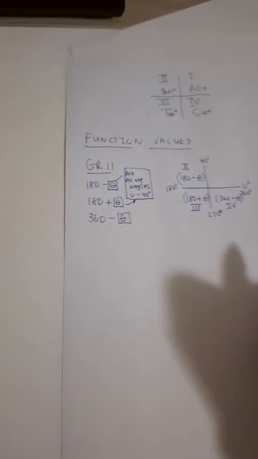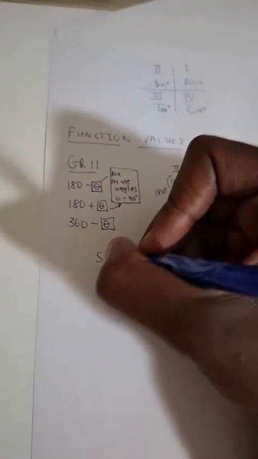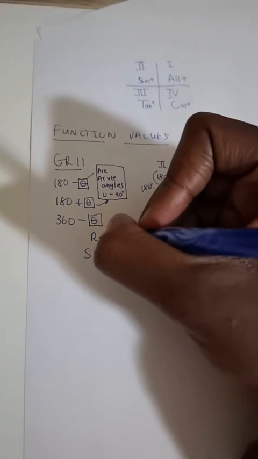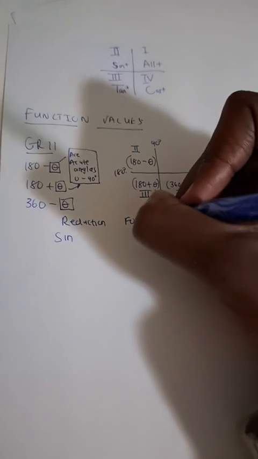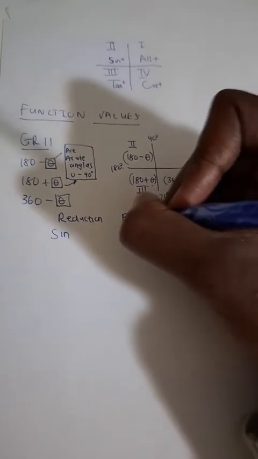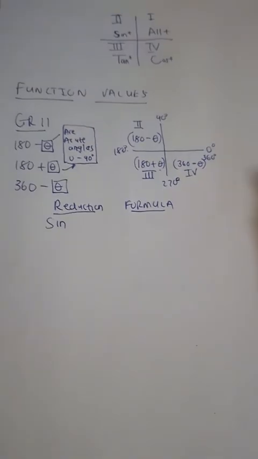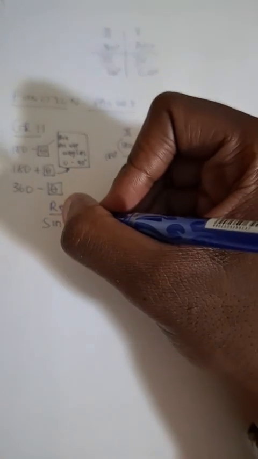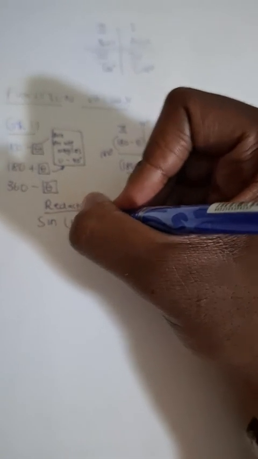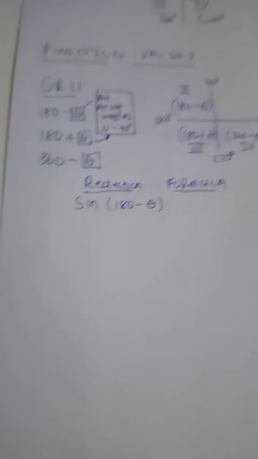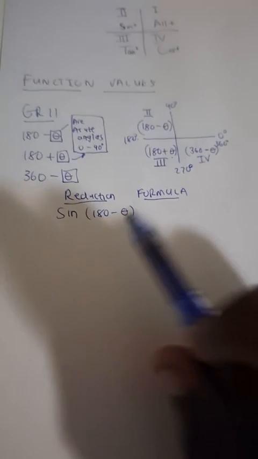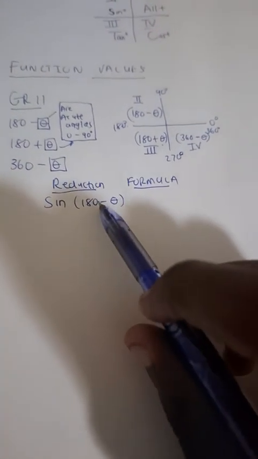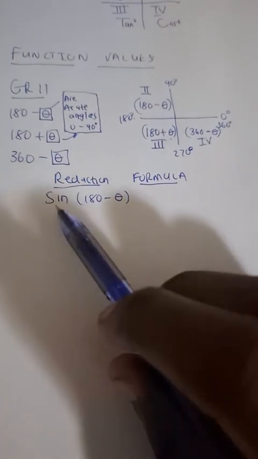Now I want to show you something very quickly. When we talk about the reduction formula or reducing a trig ratio, if we have sine of 180 minus theta, how do we apply the reduction formula with this function value of sine?